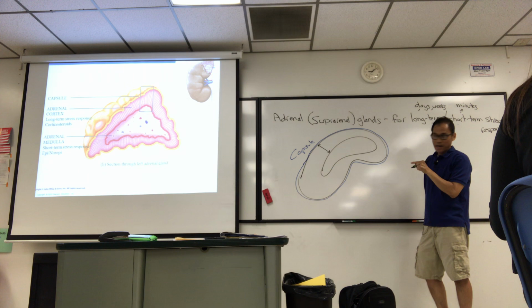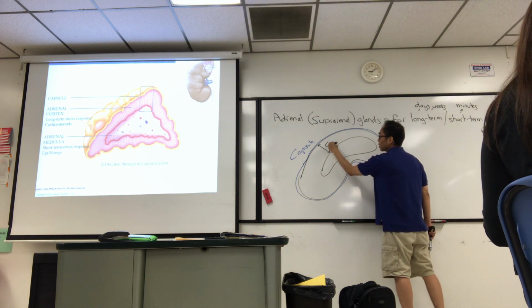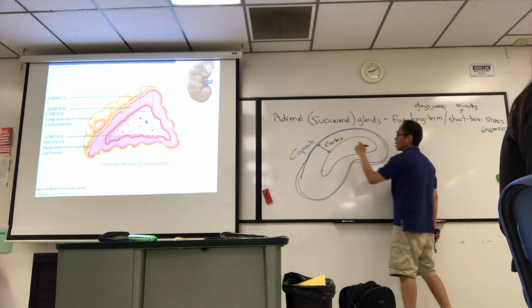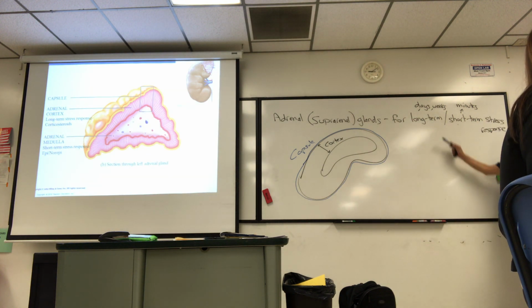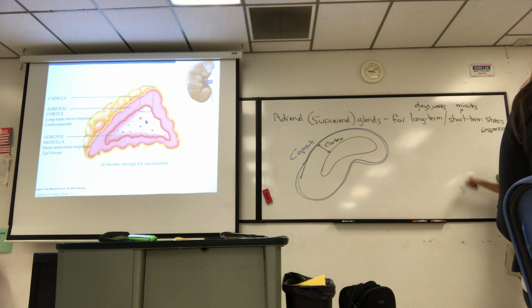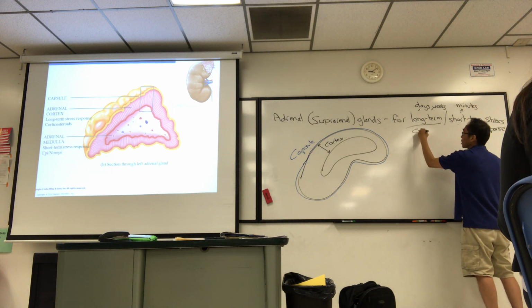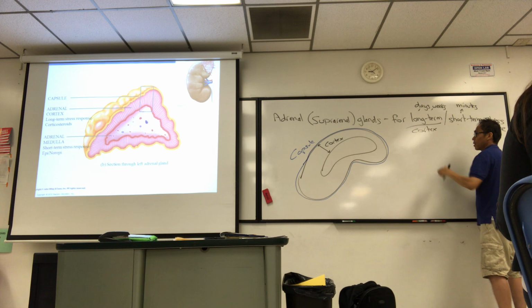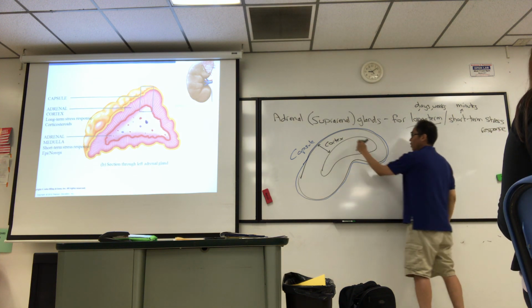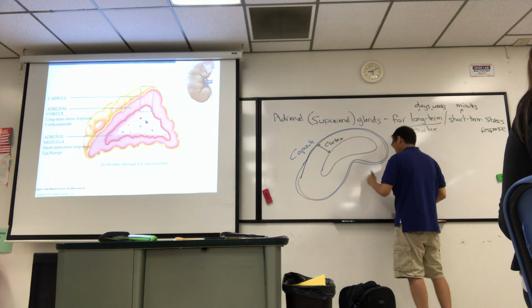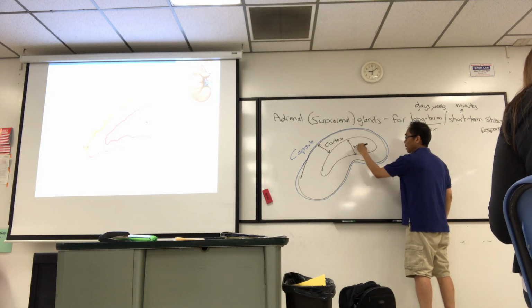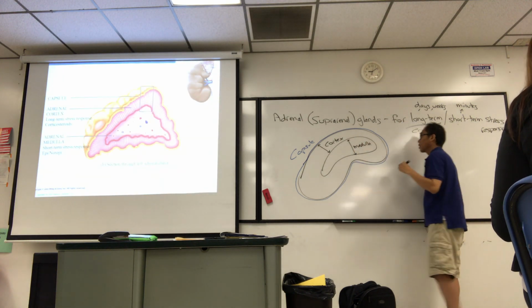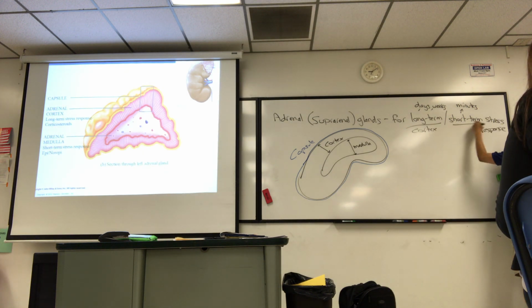Outer part is cortex. The corticosteroids released from the cortex are for the long-term stress response. We'll make that association. And then from here to here, what I said in the previous lecture, that's medulla. That's for short term.